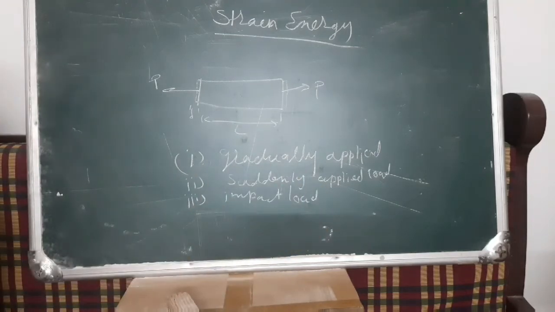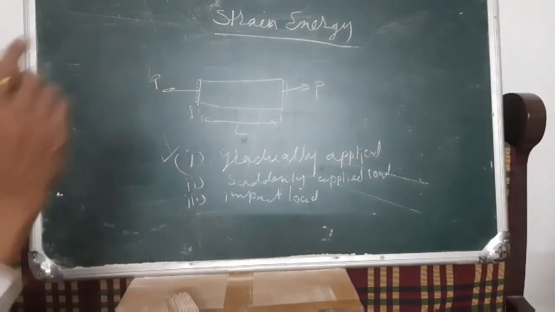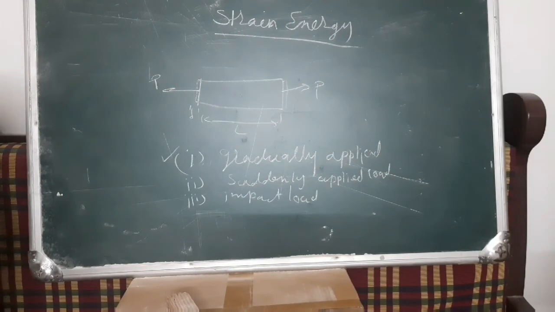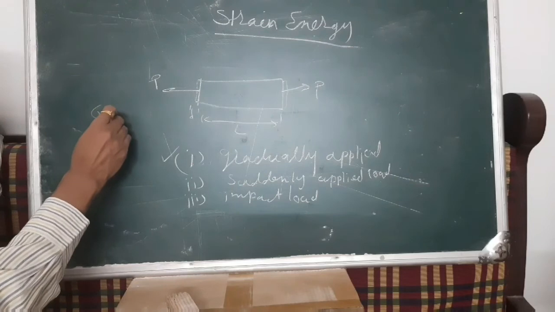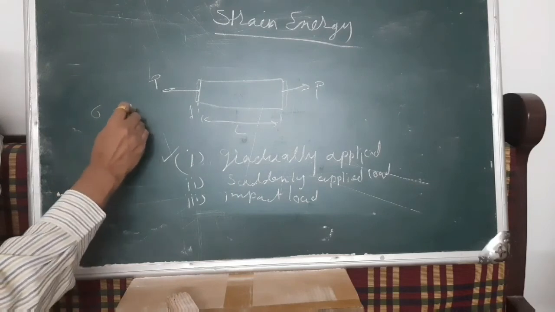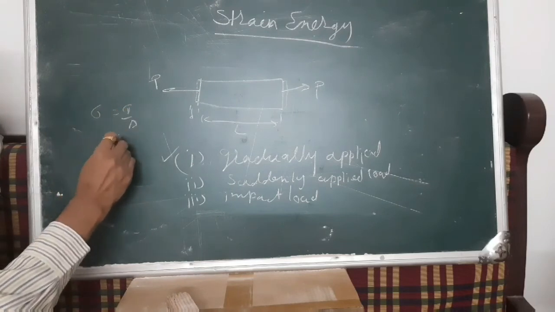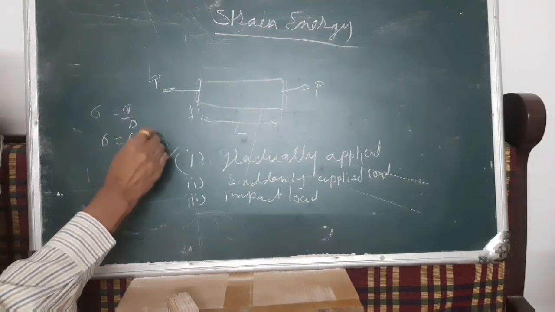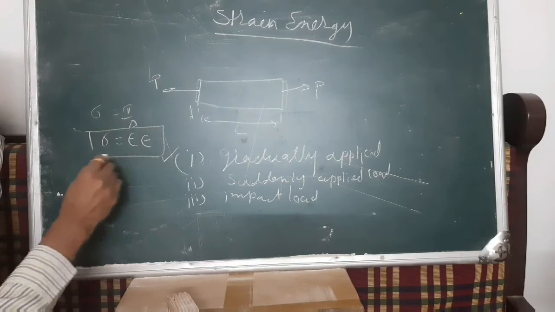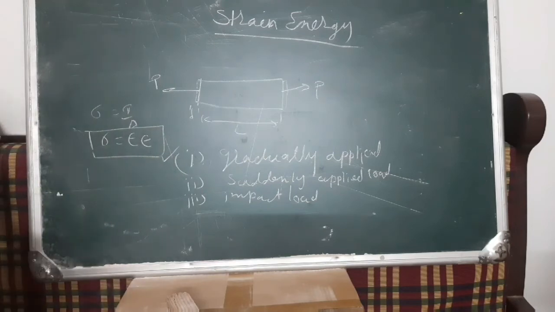Now when we are doing the standard test, we are using the gradually applied load, and whatever relations we have seen are true, that is, sigma is equal to P by A, or sigma is equal to E into epsilon, that is Hooke's law, within the elastic limit.